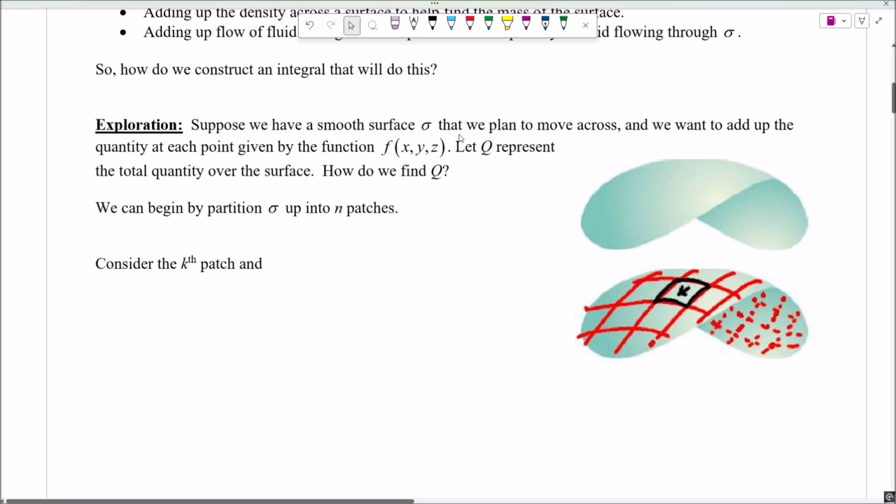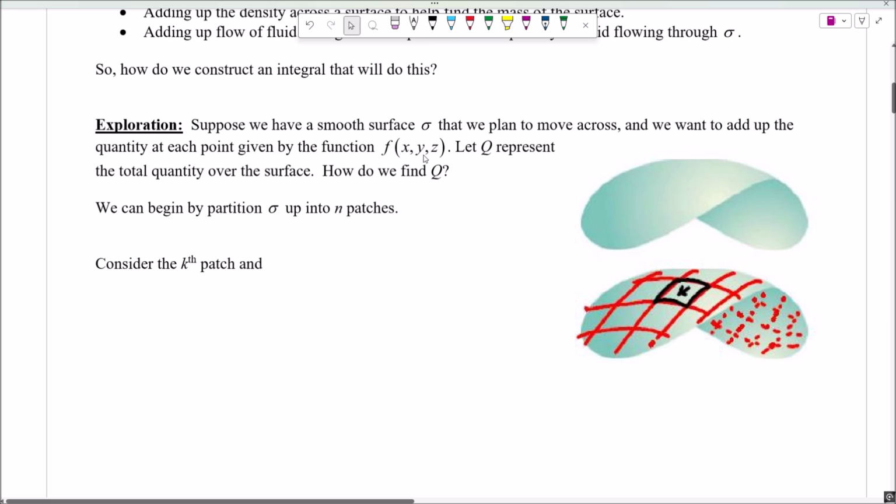Suppose we have a smooth surface sigma, maybe like this greenish figure that I have here. And we plan to move across this particular surface and add up a quantity that at every given point is given by some other function. So note here that the function that I have is not necessarily the same thing as the surface. The surface and the function are different items.